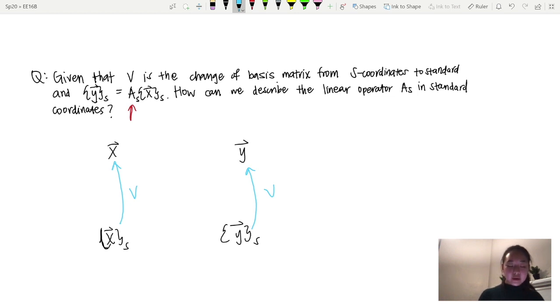And if you go somewhere and you want to be able to get back, you should be able to just take the inverse. So in the opposite direction, it will be the inverse. And it also tells you that in order to get from x in the s basis to y in the s basis, you multiply by A_S.